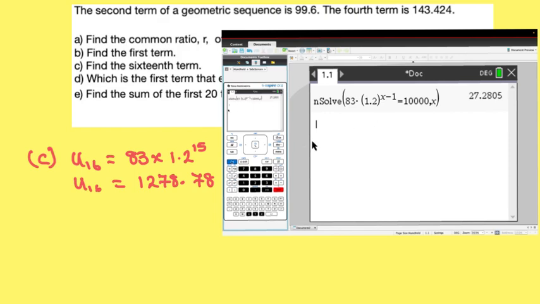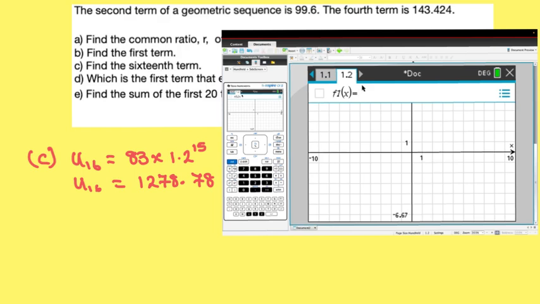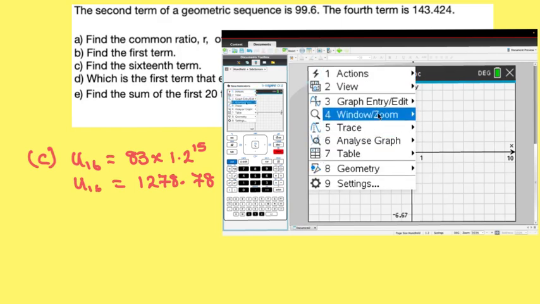So the second way we can solve this is to first draw the graph. So I'm going to open a new document page and I want a graphs page. So I'm going to type in the graph, which is 83 times 1.2 to the power of x minus 1. And we can't see the graph, but it's because the window's not right.